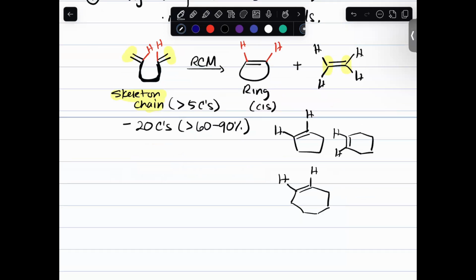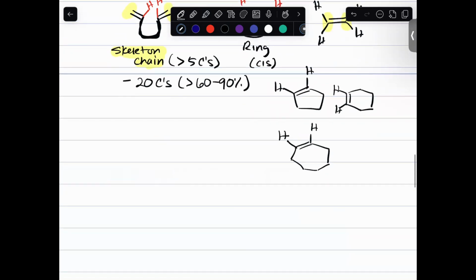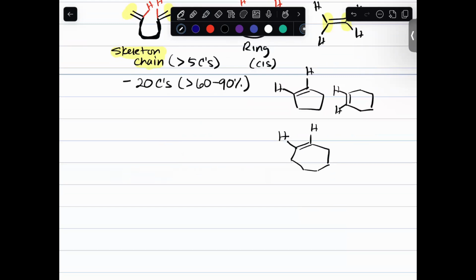But the thing about it is that these cis rings are favored when these rings are anywhere between five and seven-membered rings. When they get to larger rings than seven-membered rings, like eight rings or nine rings, the trans alkene is actually favored.